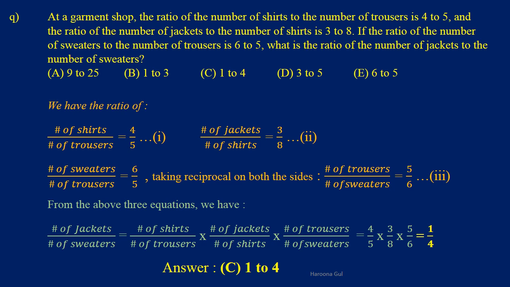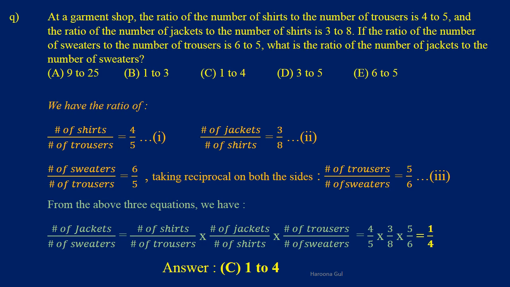So from the above 3 equations, we have the number of jackets over the number of sweaters is equal to the number of shirts divided by the number of trousers into the number of jackets divided by the number of shirts into the number of trousers divided by the number of sweaters. Now the reason why we have written down all these ratios this way is to cancel out the extra ratios, right?